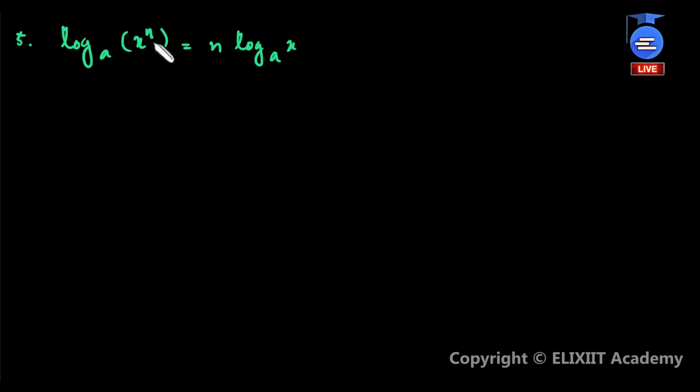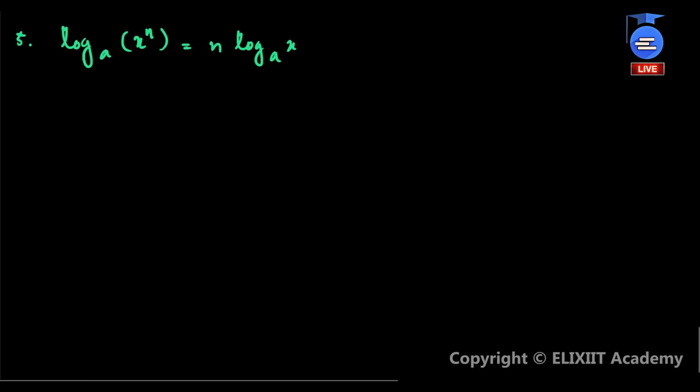Whatever the exponent is, the power of x comes down to the left, so n log x base a. This is the property. How to remember this? Simply remember: whatever the power is, it will come down.